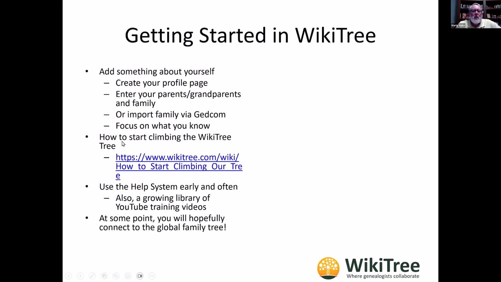Once you put information in, they do give you a fair amount of guidance for what they call climbing the WikiTree. I've included a link here and in the document that I forwarded yesterday. There is also a help system that is written in a very basic fashion, assuming that you're not an experienced user, and it links lots of different concepts together.